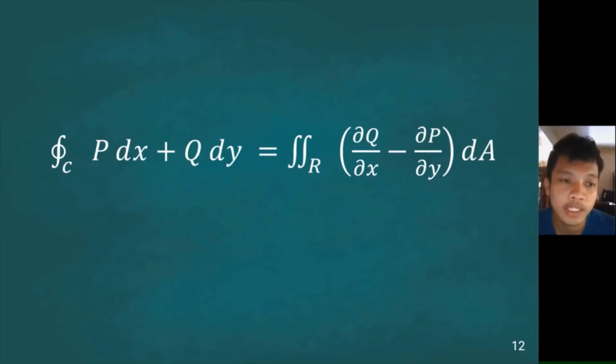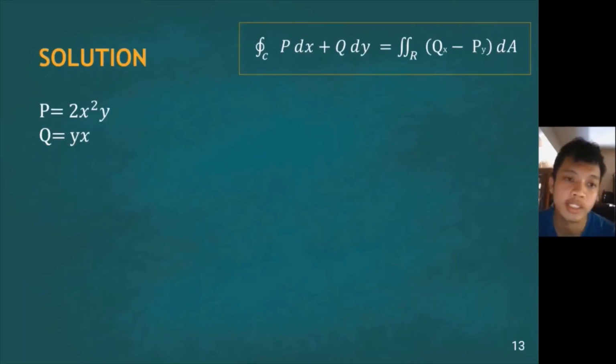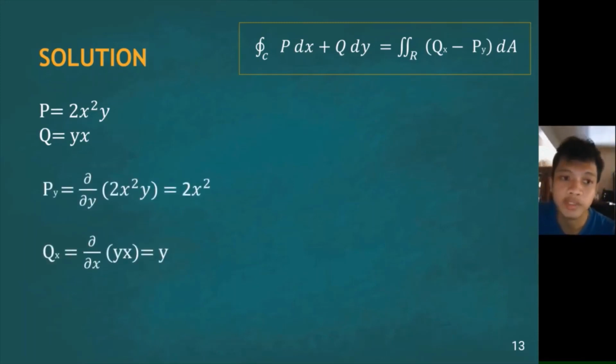Based on the formula P dx plus Q dy, we need to differentiate Q with respect to x and differentiate P with respect to y. Then we subtract the result for P from the result for Q. So 2x squared y is P, and yx is Q. We differentiate 2x squared y with respect to y, so we will get 2x squared, and we differentiate yx with respect to x, we will get y.